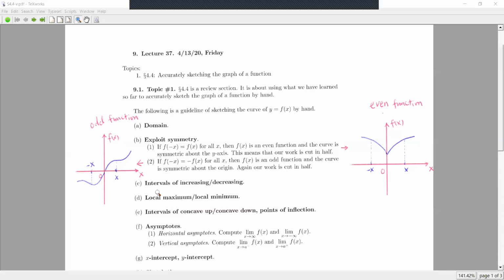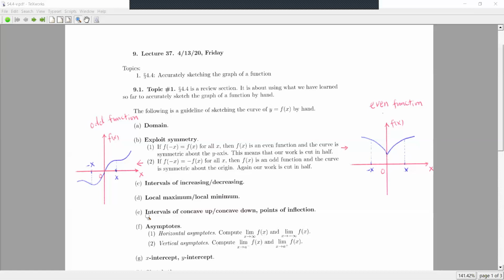Step 3, determine where the function is increasing and where it is decreasing. After we get increasing, decreasing information, then we can determine local maximum, local minimum.